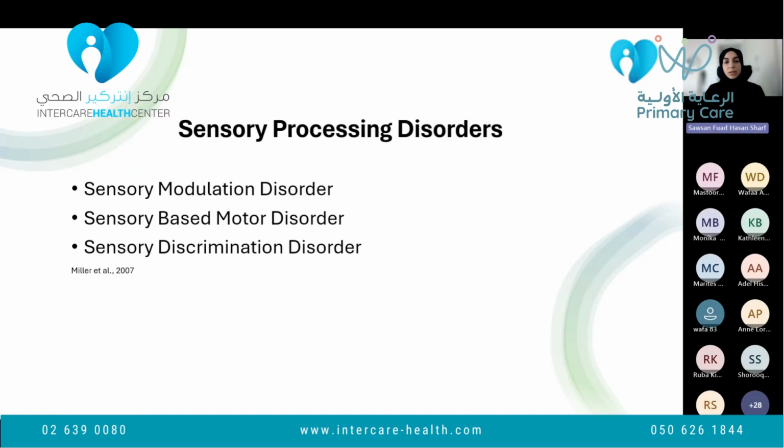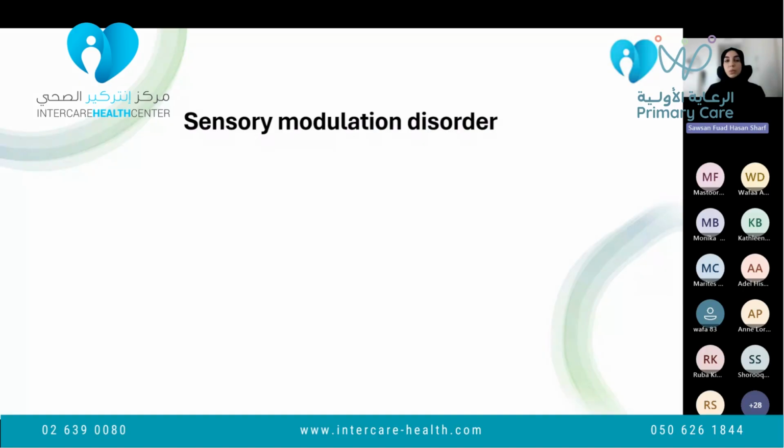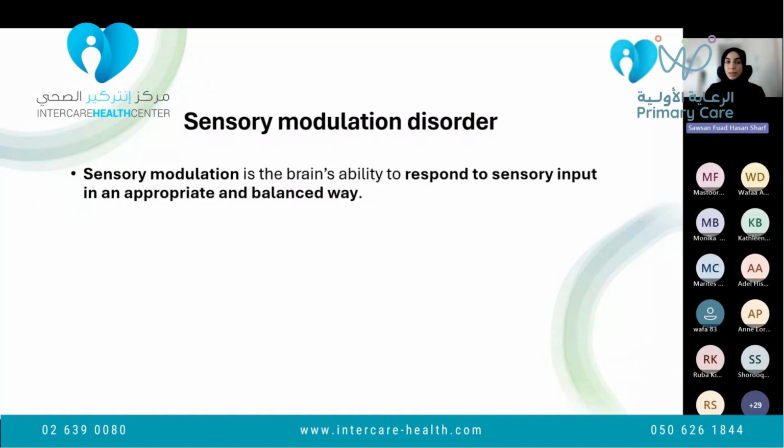So for sensory processing disorders, we have different disorders: sensory modulation disorder, sensory-based motor disorder, and sensory discrimination disorder. But what we will focus on today is sensory modulation disorder because it's the most common one. So what is sensory modulation? Sensory modulation is the brain's ability to respond to input in an appropriate and balanced way.